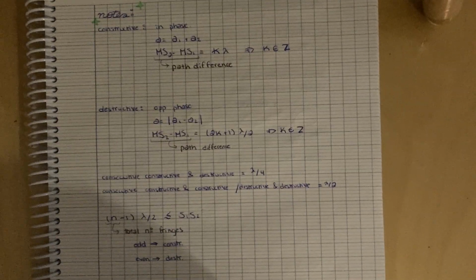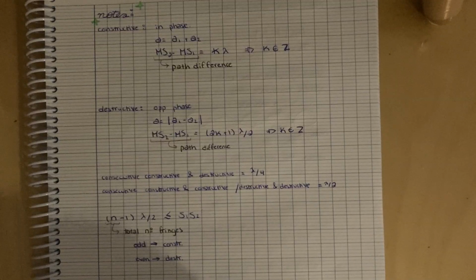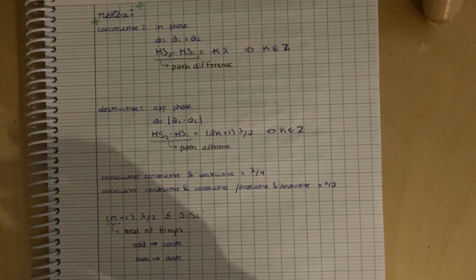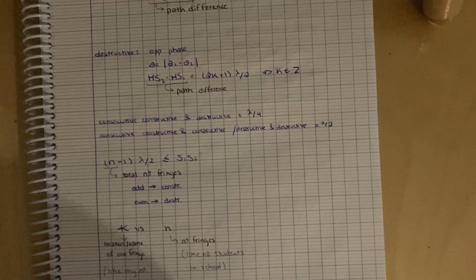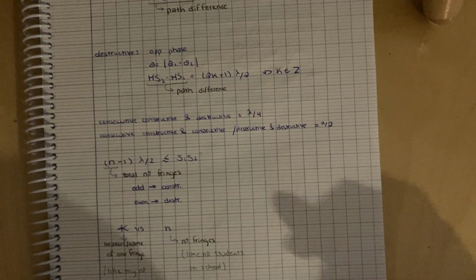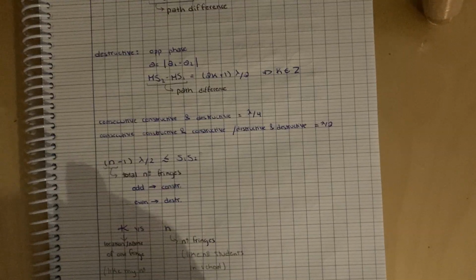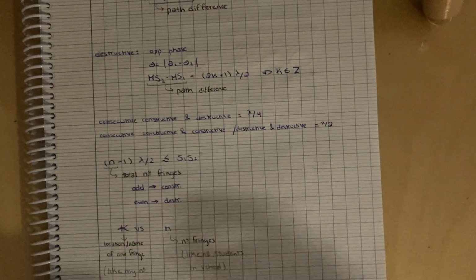The amplitude is the absolute value of amplitude 1 minus amplitude 2, and the way to find them is by proving that MS2 minus MS1 is equal to 2k plus 1 times lambda over 2, where k belongs to Z. The distance between consecutive constructive and destructive waves is lambda over 4. The distance between consecutive constructive and constructive, or destructive and destructive waves, is lambda over 2.